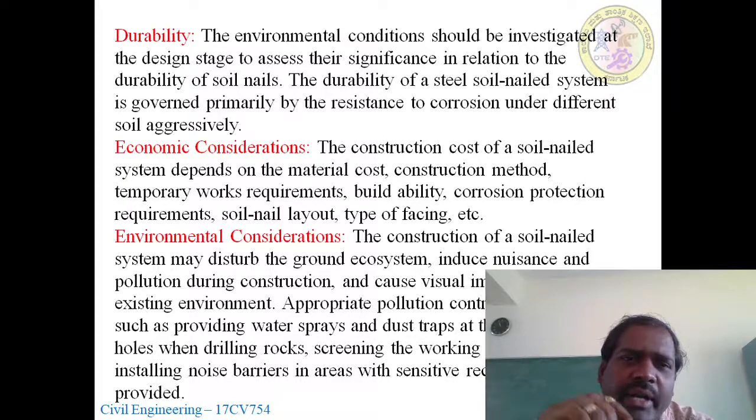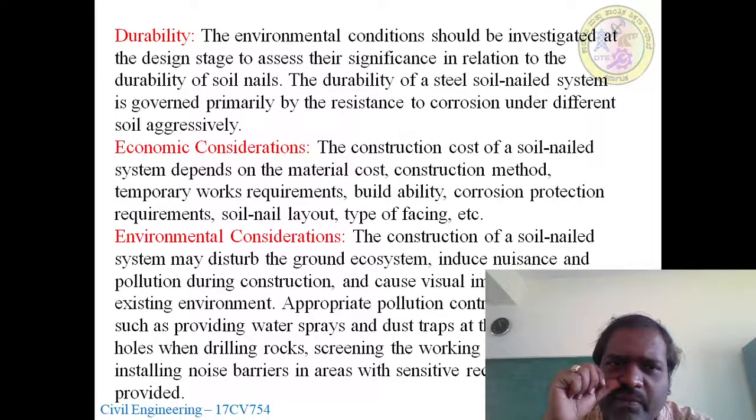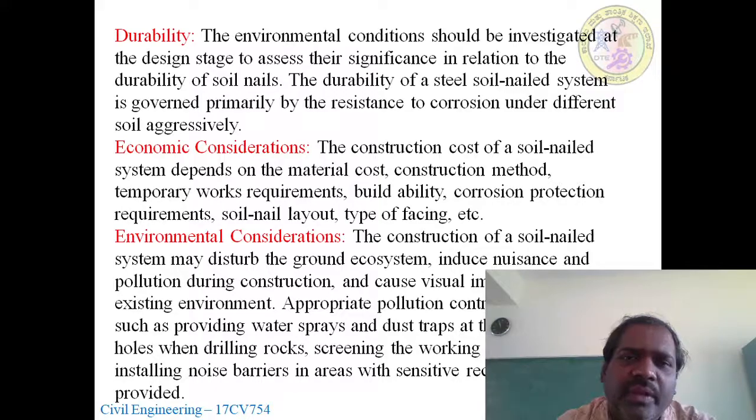When it is in contact with the soil, corrosion may occur, so durability will go down. So we have to check and take precautions for the resistance to corrosion for the different nails. Then the design will be safe for durability.